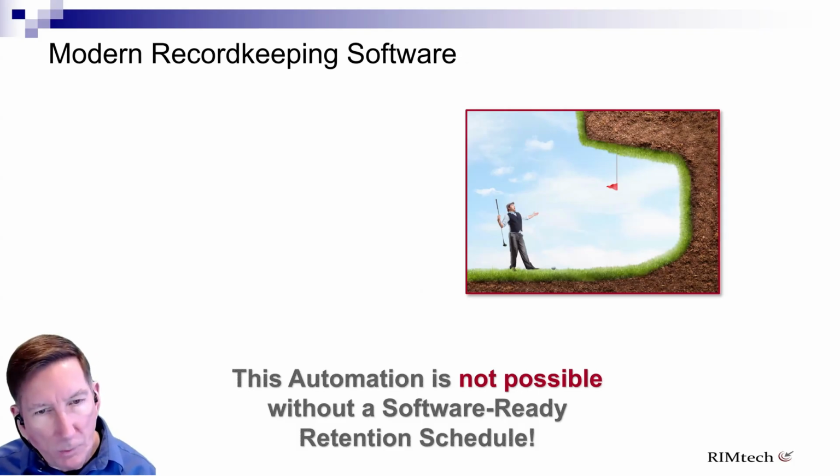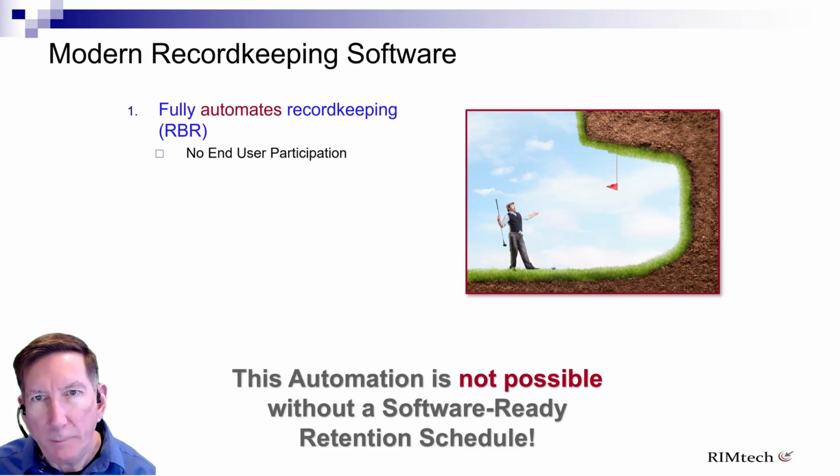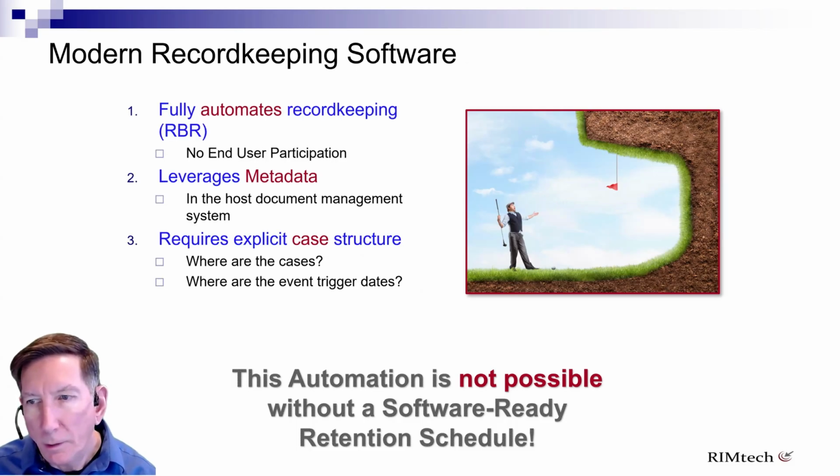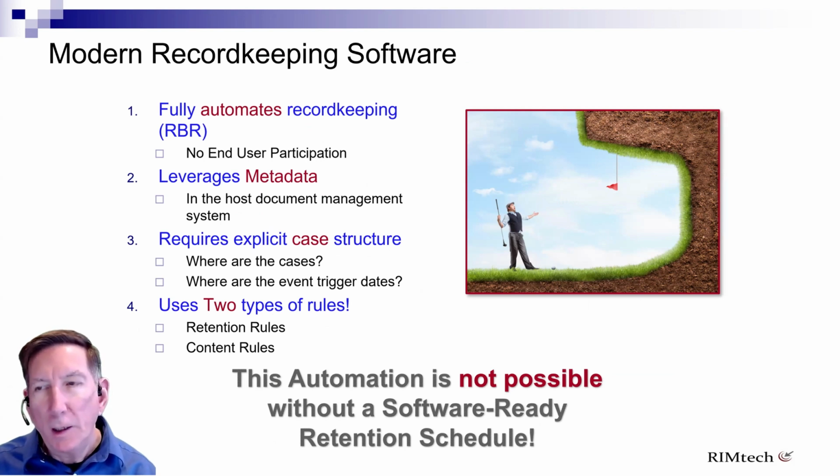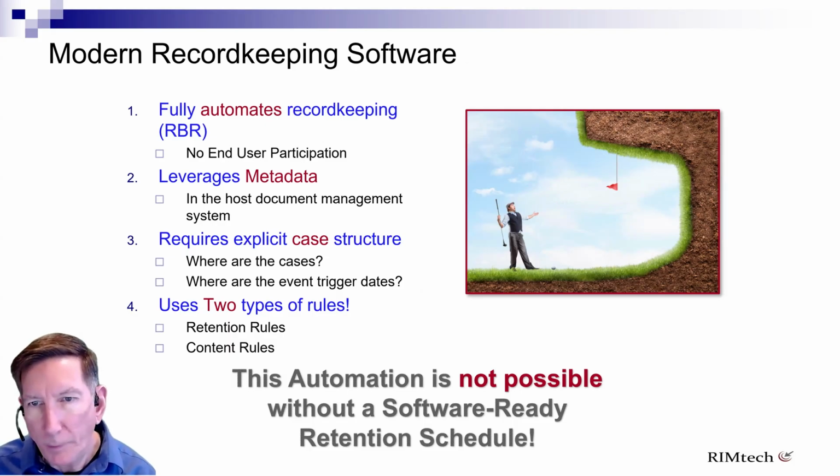So now we're going to use one of those 5 software products to automate. But guess what? That's not going to work without a software-ready retention schedule, okay? Because the software needs the retention schedule in a certain format, certain structure in order to work, okay? We need to leverage metadata. We have to have explicit case structure.